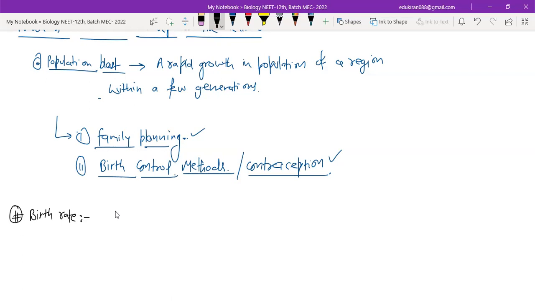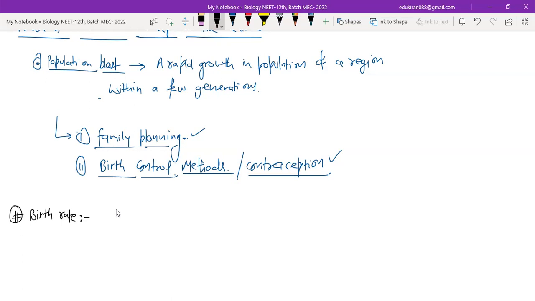But nowadays we have healthcare which is improved both for the mother and for the baby, so we can assist them for a better parturition, a better delivery, and both maternal mortality rate and infant mortality rate have gone down.